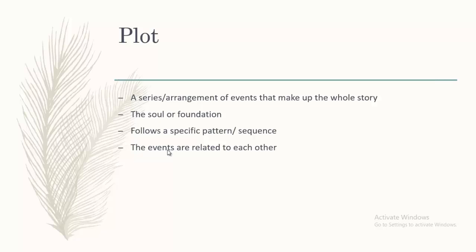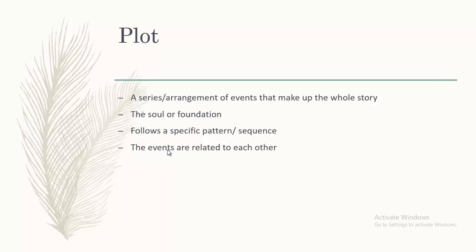Usually the events, the happenings, the occurrings, follow a specific pattern or sequence in a normal or usual plot. But we may also have unconventional or untraditional patterns or sequences of events in the plots of various novels.